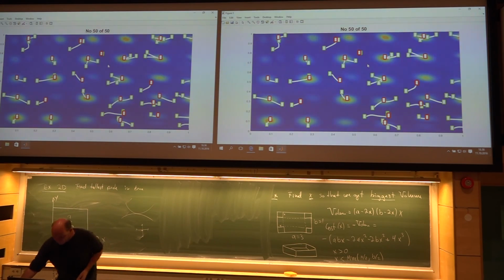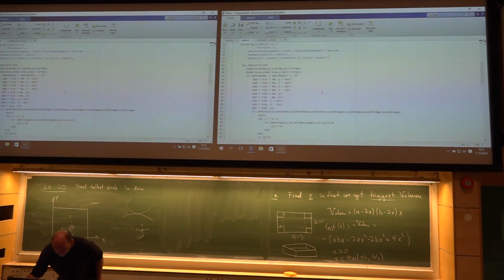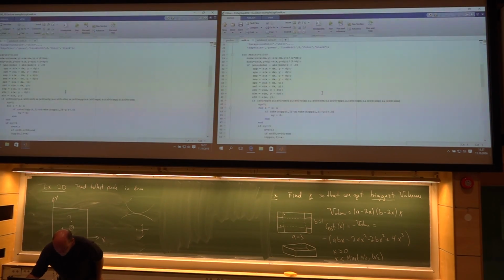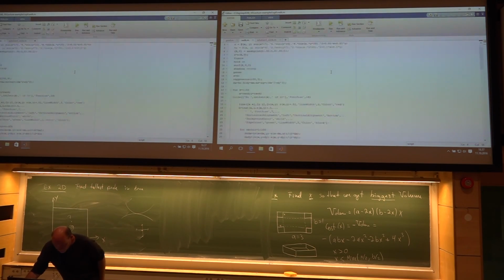To do this programming here, I did this one very crudely. So here, I have the function here, sine to the power of 4, sine to the power of 6, cosine power of 2, and so on.